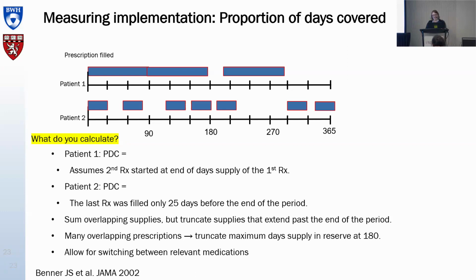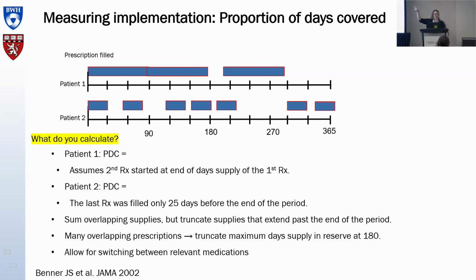So for patient 1, as best as you can tell, what do you think the proportion of days covered would be? I'll walk you through this. Assuming the second fill that I've made overlap, we shift that. We have 3 90-day fills out of a 365-day period, even though I didn't make it look perfectly like that.